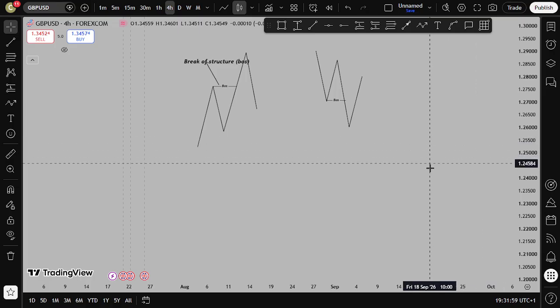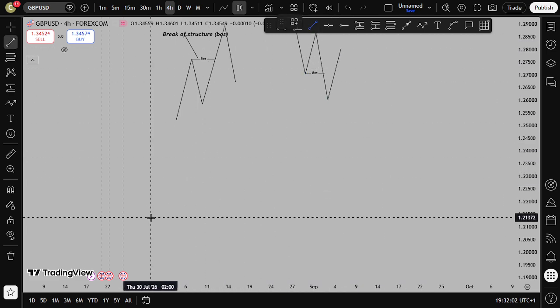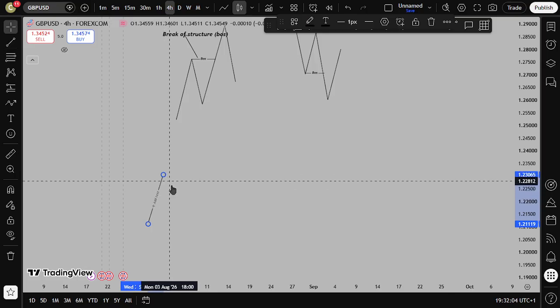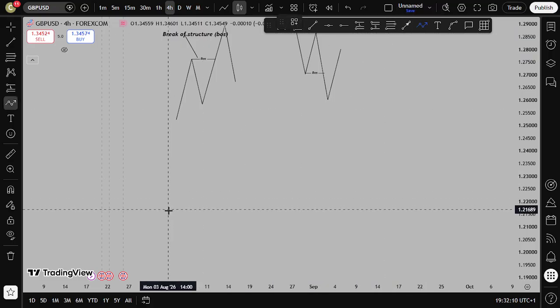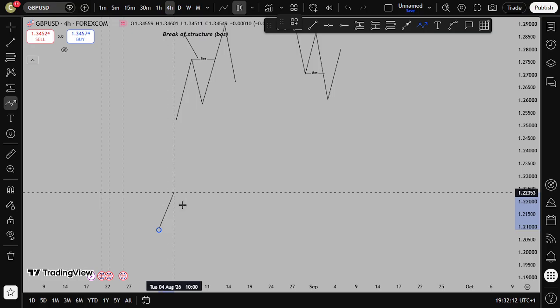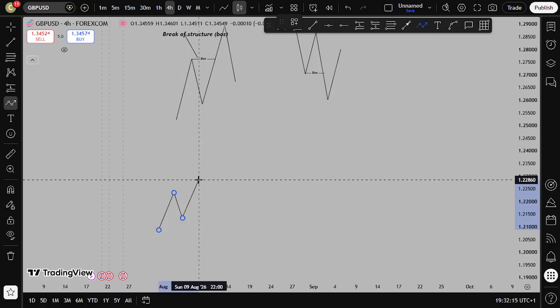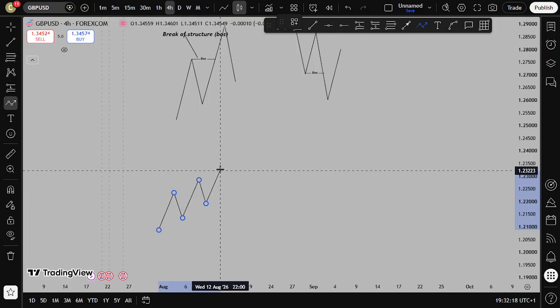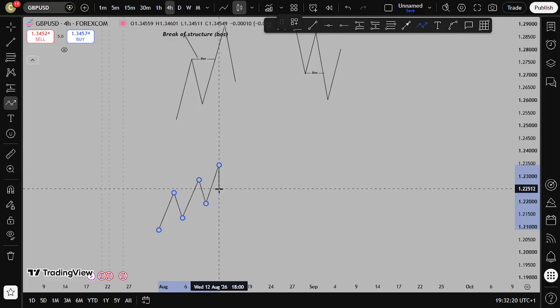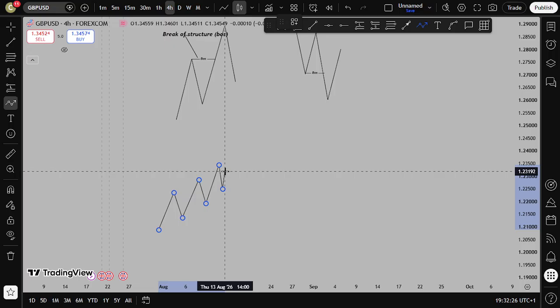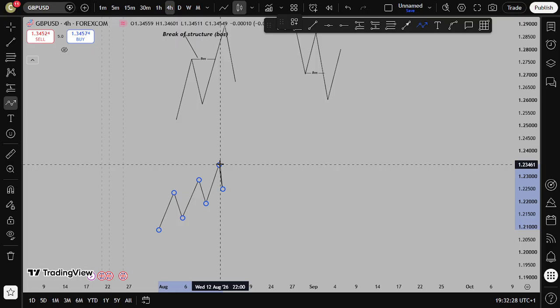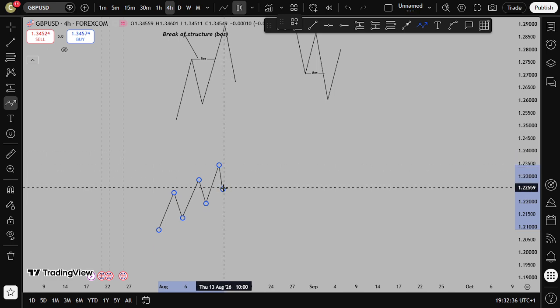You understand? So this is the scenario here. Price was making higher high, higher low, higher high, higher low, higher high. Now price created a higher low. So what would you expect? You expect price to continue upward, to break the last higher high and continue the upward movement. But price did not do that.